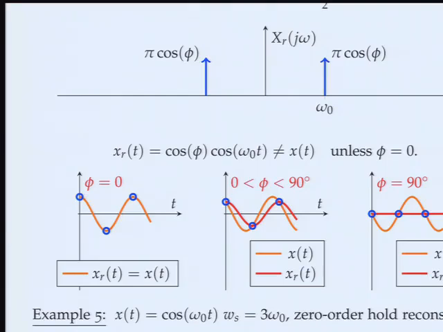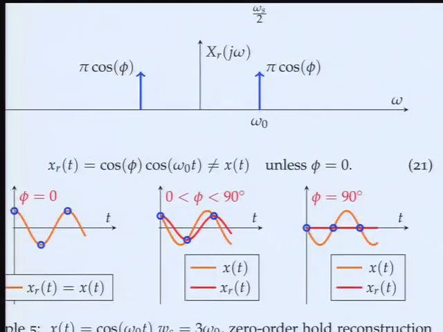So when I do reconstruction, we'll get a nice cosine that passes through those peaks, but the amplitude is different. So in general, what we reconstruct looks like cosine phi times the original signal. So if phi is 0, you recover the exact same thing. If it's not, then you don't recover the exact signal. Yes?